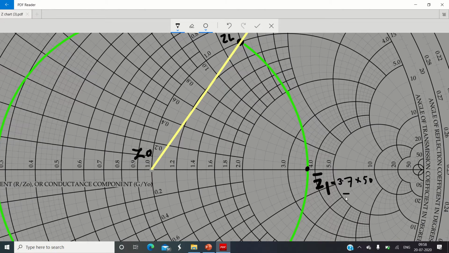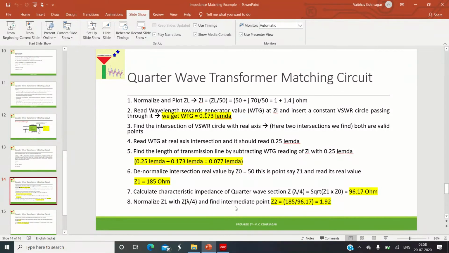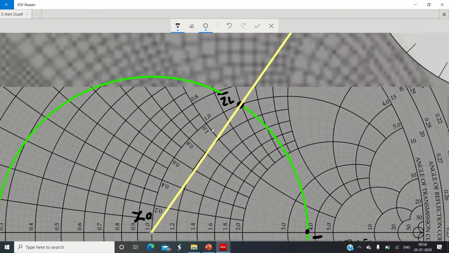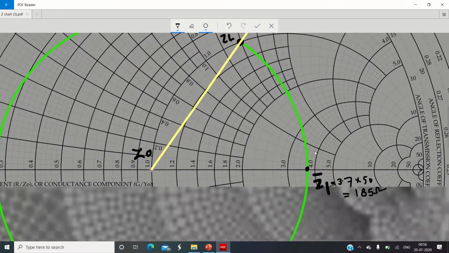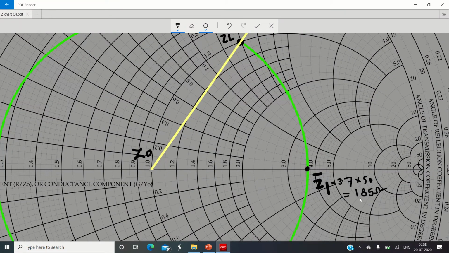So it approximately gives 185 ohms. Here what we have done, we have converted the load impedance complex value to a real value of 185 ohm.